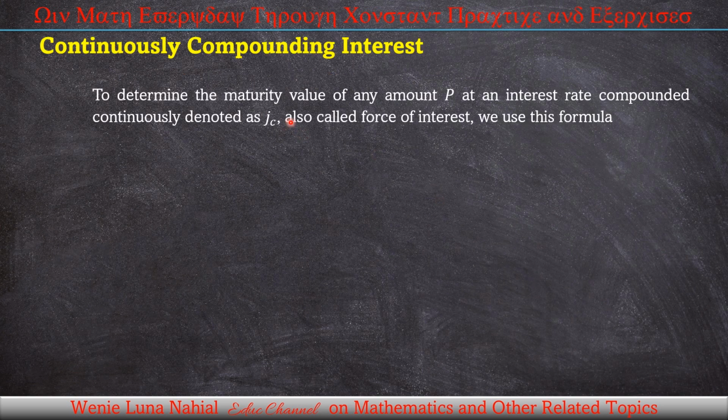To determine the maturity value of any amount P at an interest rate compounded continuously, denoted by j sub c, also called force of interest, we use the formula uppercase F, our maturity value, equals uppercase P, our present value or the initial amount or the principal, times e raised to j sub c times t.